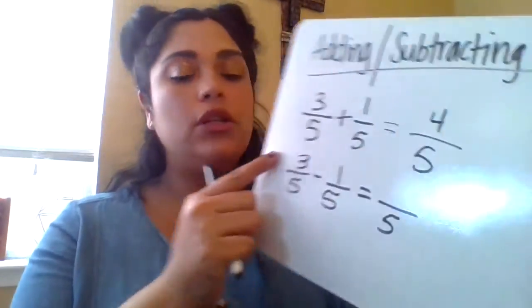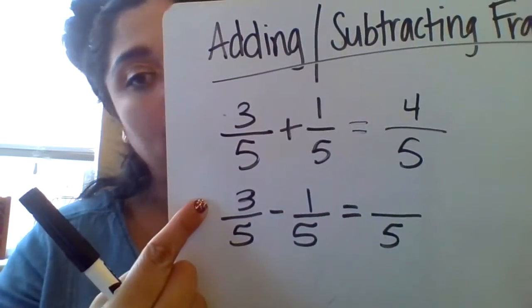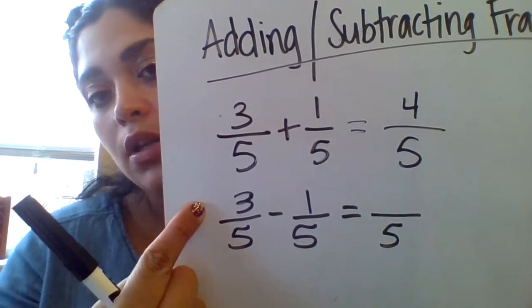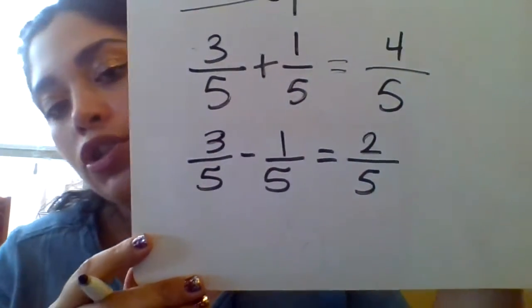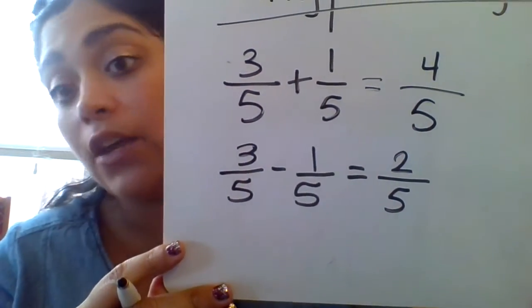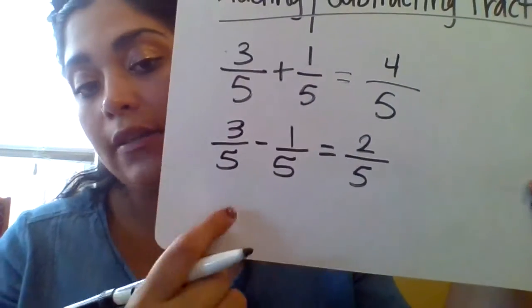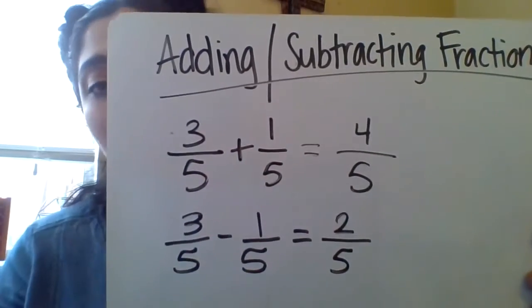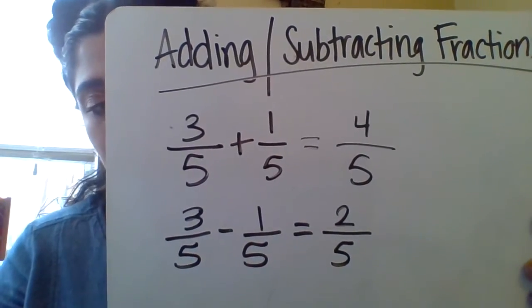And then what do we do to the top? We treat it as a regular subtraction equation. So 3 minus 1 equals 2. So 3/5 minus 1/5 equals 2/5. Now you notice that the denominators stay the same no matter what. And this is how we add and subtract like fractions.